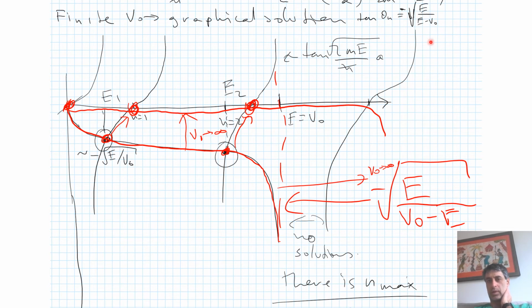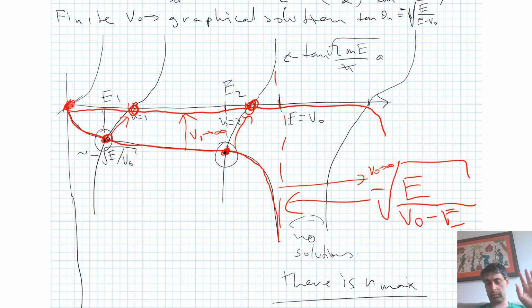and convince yourself that they have intersections. Okay, so the square root of E divided by E minus V naught is a function that goes to 0 as E goes to 0. It's negative, there's a minus sign overall, so it's a negative square root down here, and it starts growing. It has a divergence when energy reaches V naught, and that we understood for physical reasons before, that there's a qualitative change in the solutions.